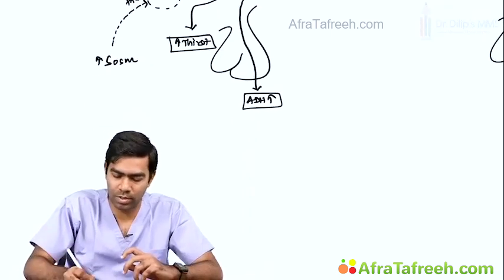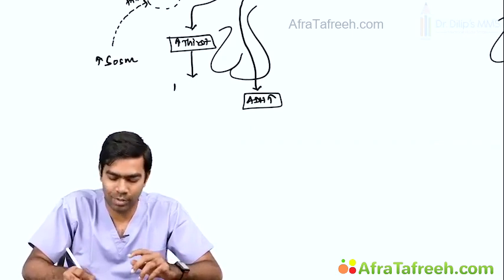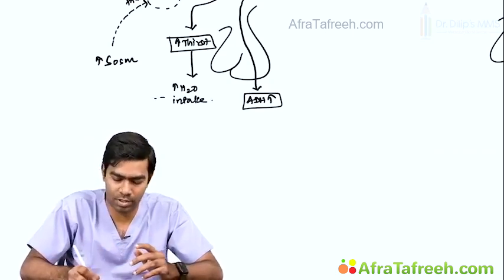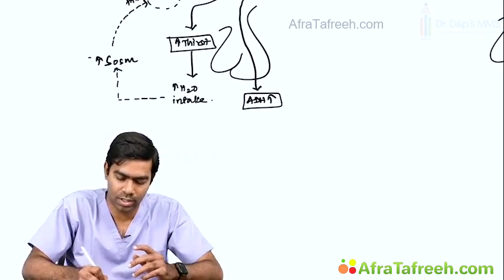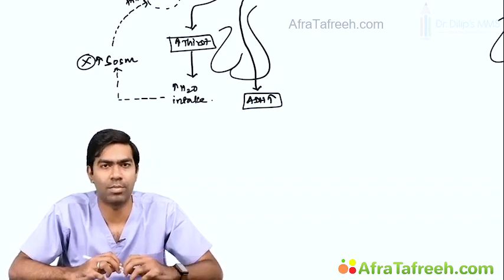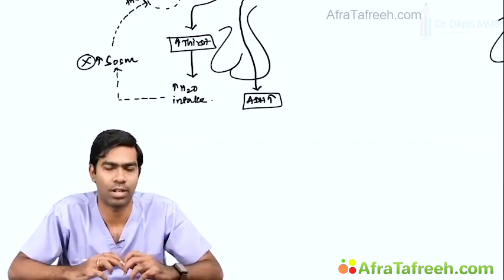So now what is thirst going to do? Thirst is going to make the patient thirsty and they are going to take more free water intake. Why do they take more free water intake? Because this is to neutralize the excessive serum osmolarity. To neutralize that, this thirst is there. Because of that, you take more free water.